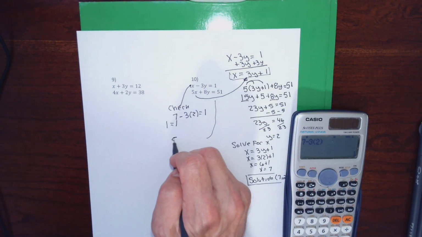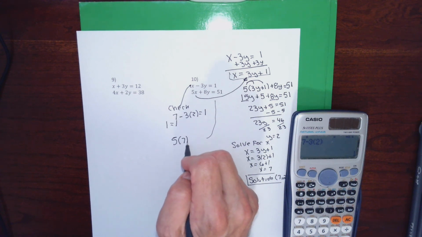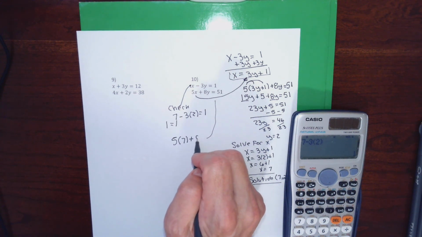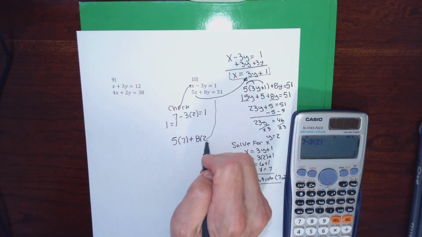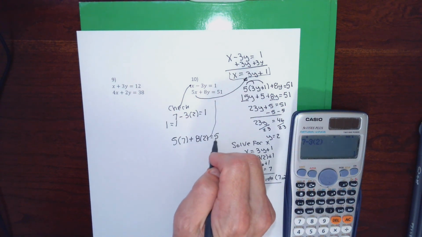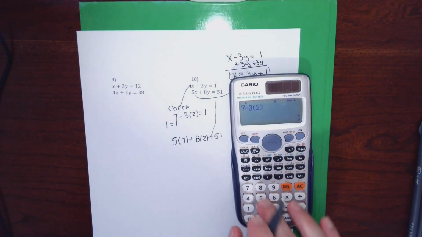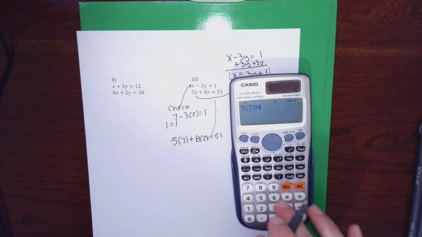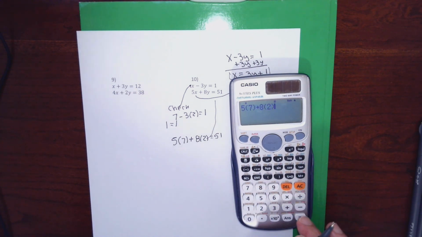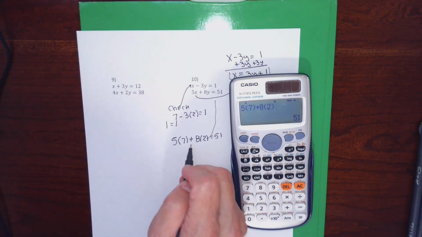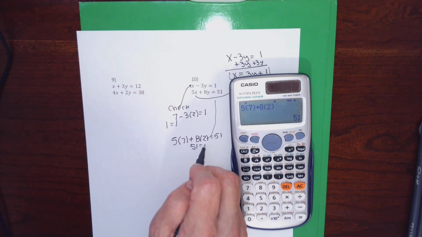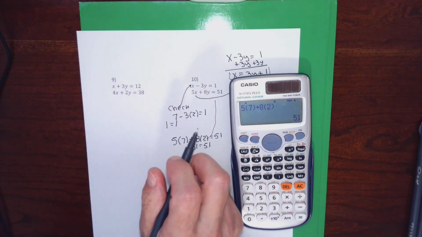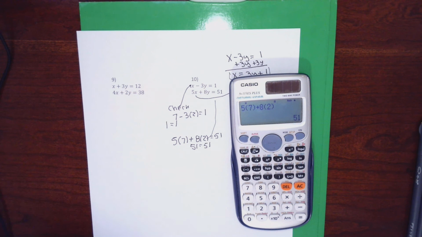In the bottom equation, 5x plus 8y equals 51. Plug in 7 for x and 2 for y, and make sure you get a true statement. And if I'm going to check, I'm just going to press buttons because of the time factor. So because it works in both equations, I will say I'm good and my answer is correct.